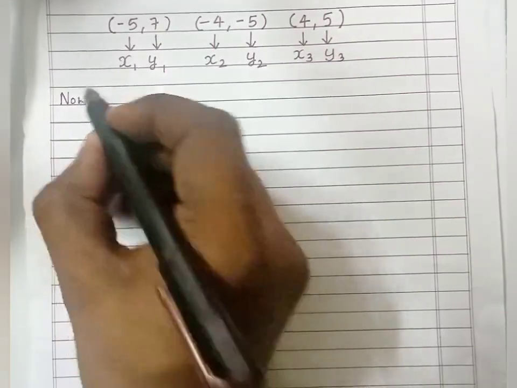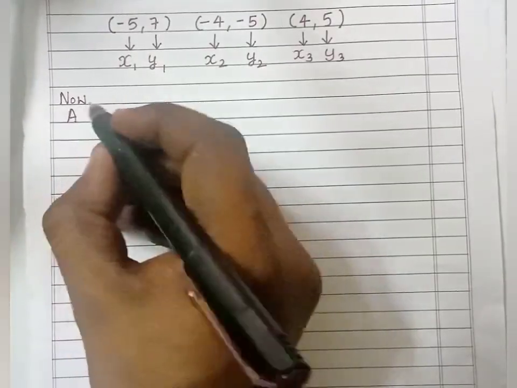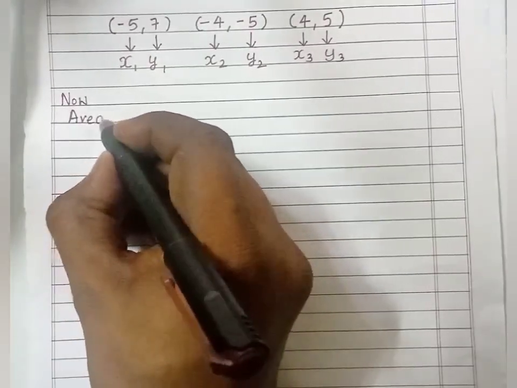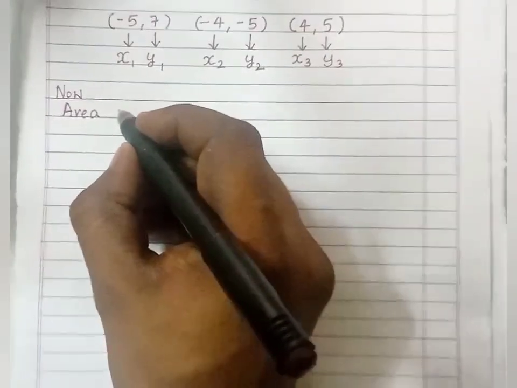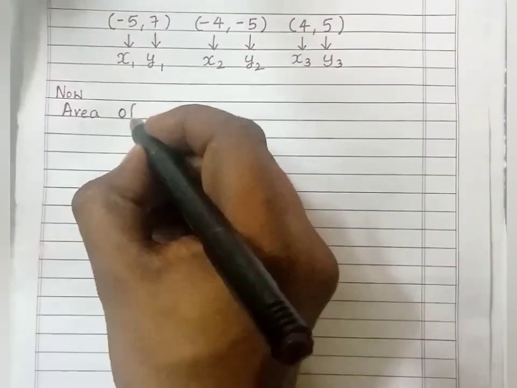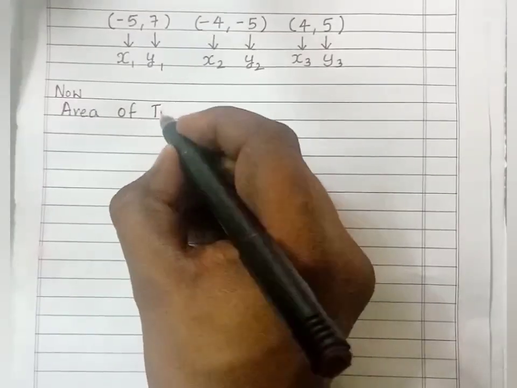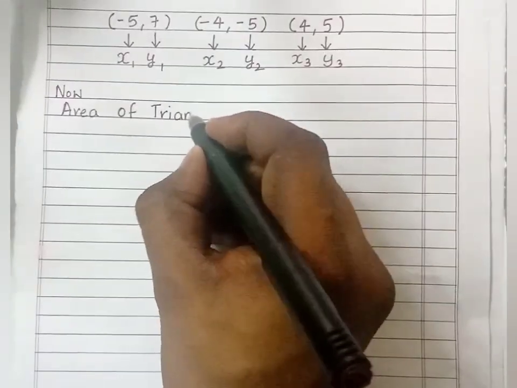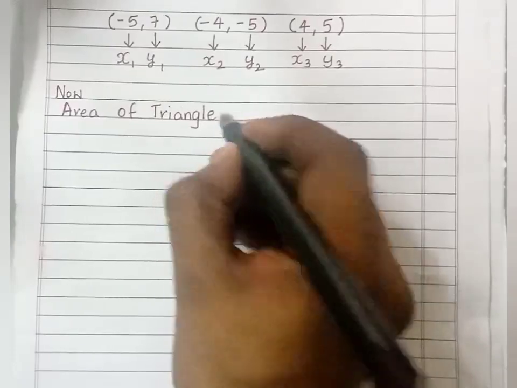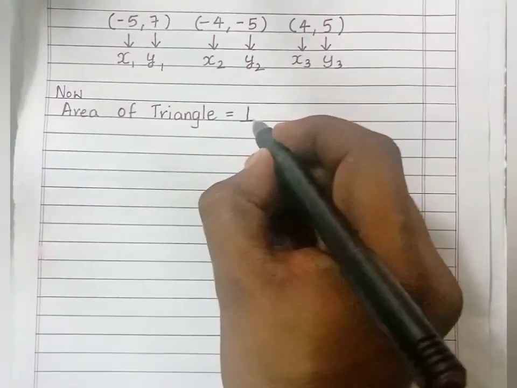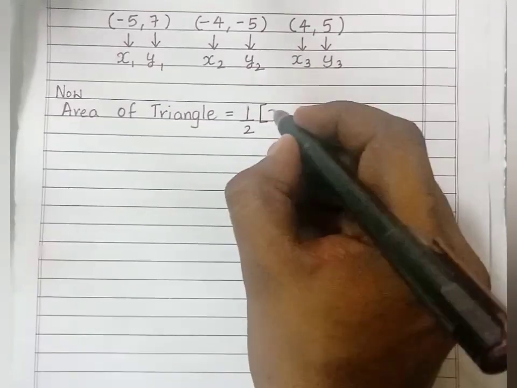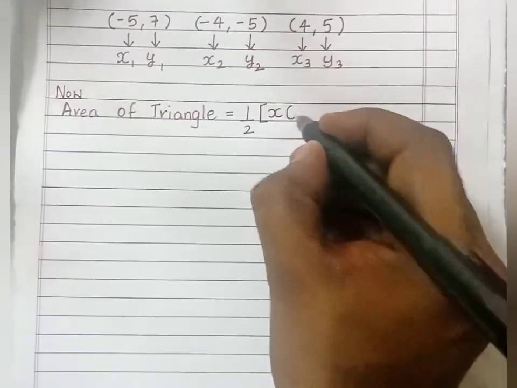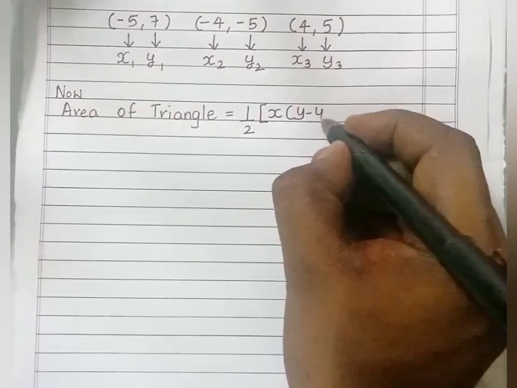Now I'll write down the area of triangle formula. Area of triangle equals half into, now I'll write down the template. The template is x, y minus y.